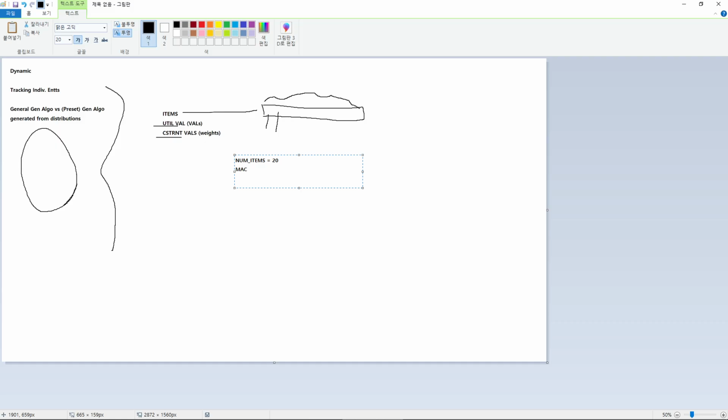And amongst those 20 items, I could have my MacBook, which would have a utility value of 200, and a constraint value of maybe 1200. So maybe this is in grams, for example, and 200 units of some imaginary convenience value or use to me.